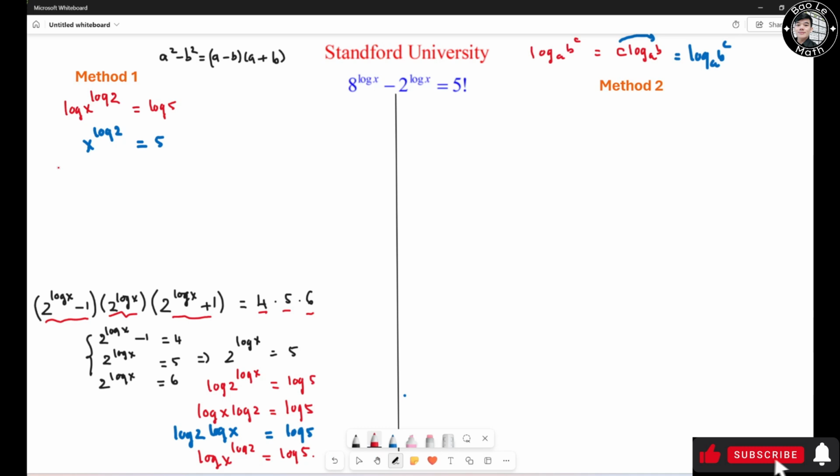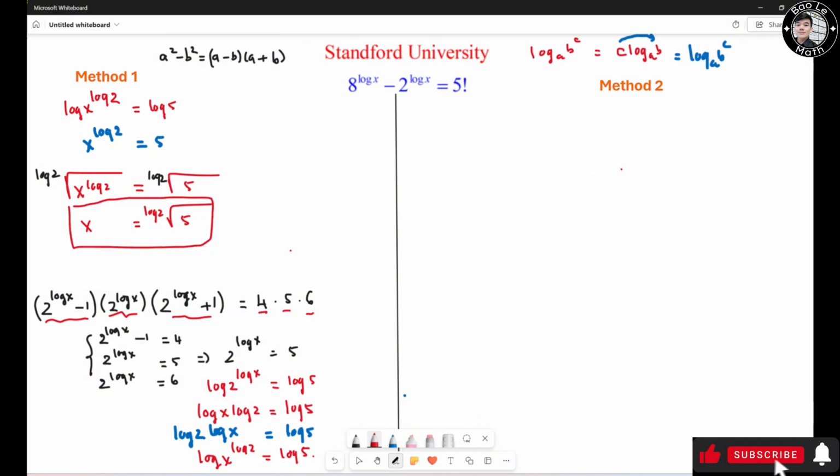So s to the log 2, with the log 2 root, is going to be equal to 5 with the log 2 root. And then this guy turns out to be s equals the log 2 root of 5, and this is the final answer.